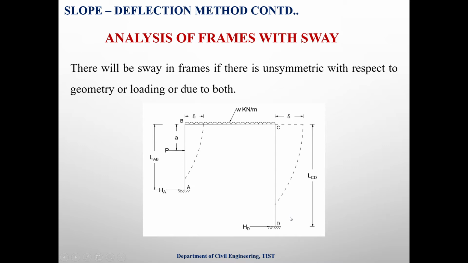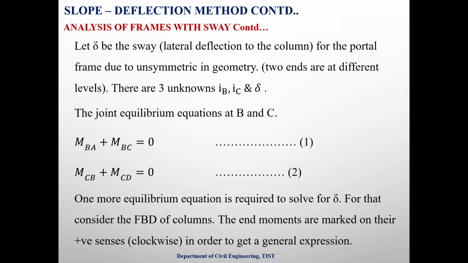But we are having three unknowns θB, θC and delta. In order to find out the third unknown, one more equilibrium equation is required. For that equilibrium equation, you have to consider the free body diagram of columns.